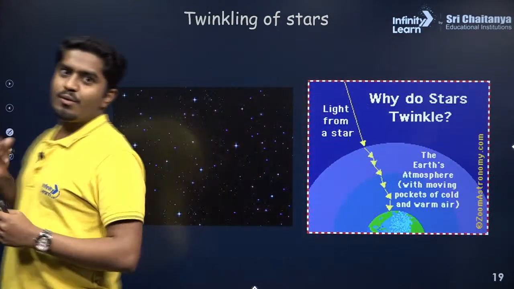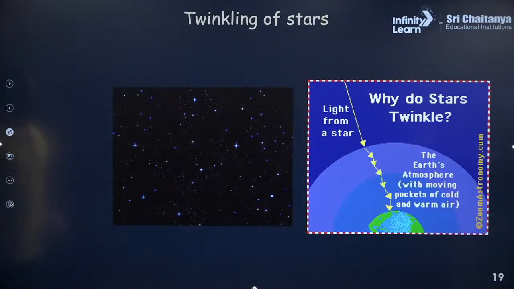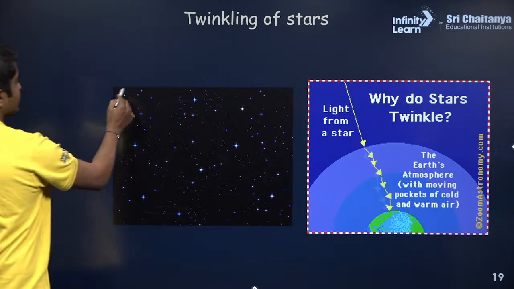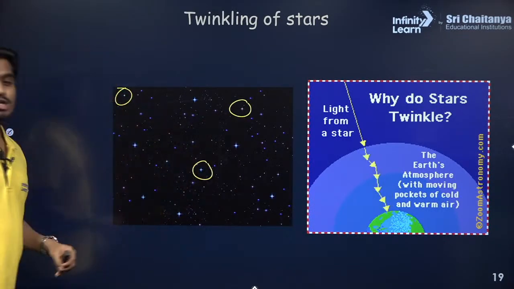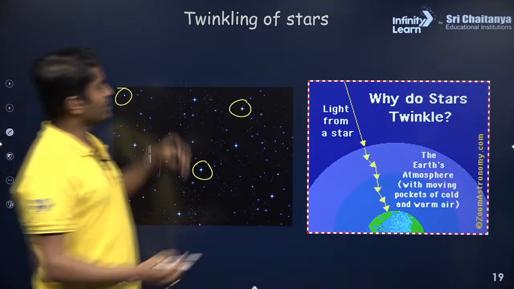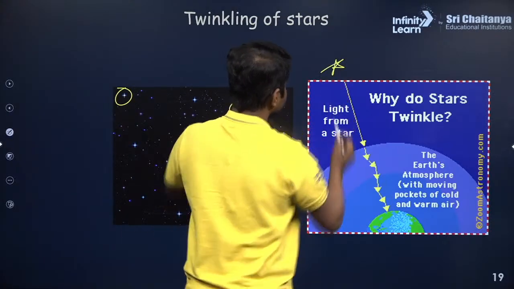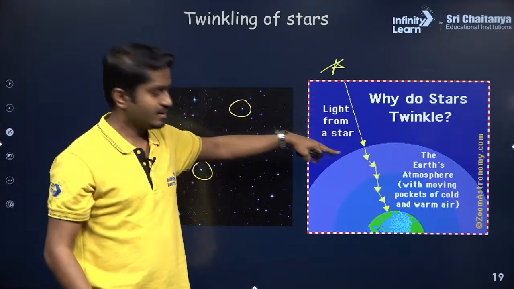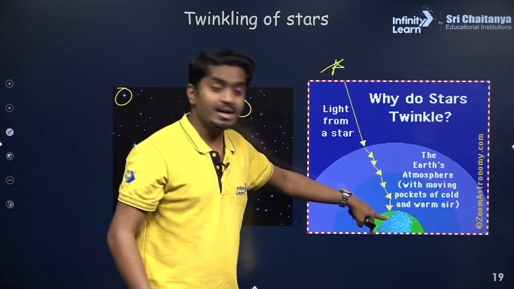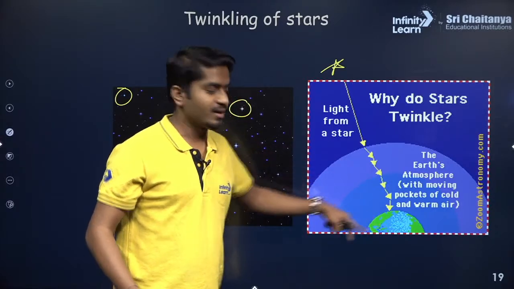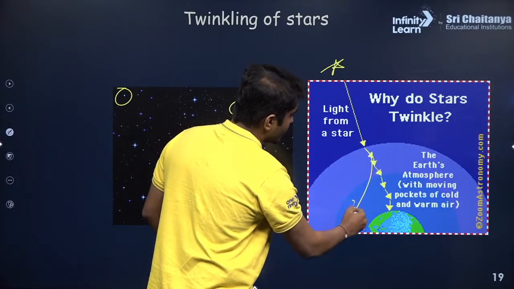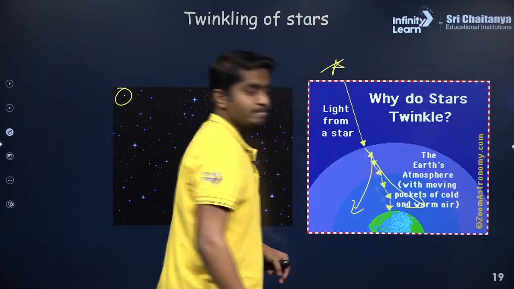Okay, so now twinkling. You see some stars twinkling. Why twinkling? Let's suppose there is a star here and light is coming from the star. Sometimes the light will reach the observer, sometimes it goes somewhere else, correct.